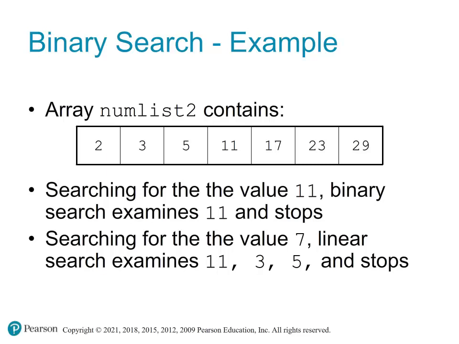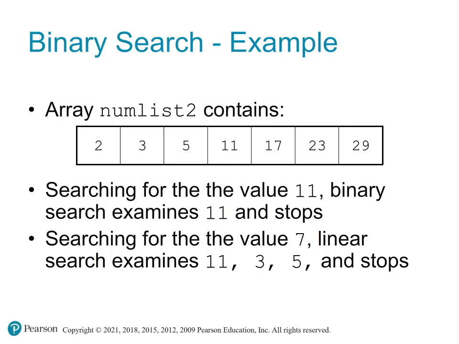Now, if we are searching for the value 7, the algorithm initially examines 11, the middle element. Since 7 is smaller than 11, it narrows the search to the first half of the array, 2, 3, 5. The new middle element is 3, still no match, but 7 is greater than 3, so it looks at the upper half of the remaining elements, which is just the number 5.